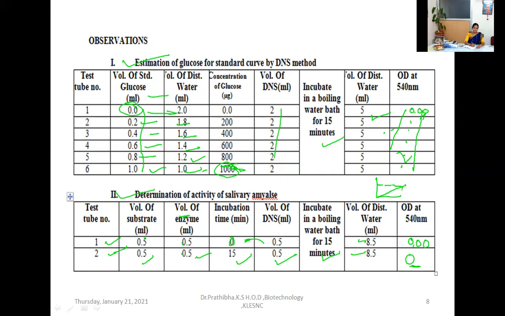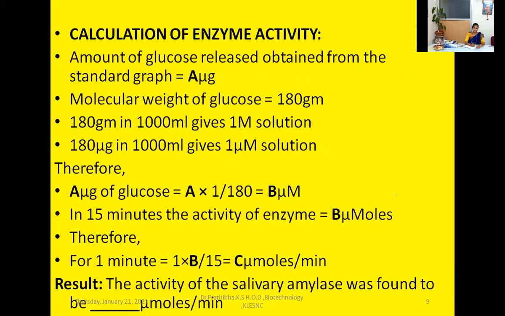Wherever the dotted line touches perpendicular to the x-axis, you note down that particular concentration of glucose. You are going to take that concentration as A microgram, which is obtained through the glucose curve.